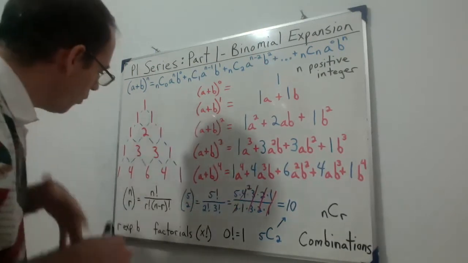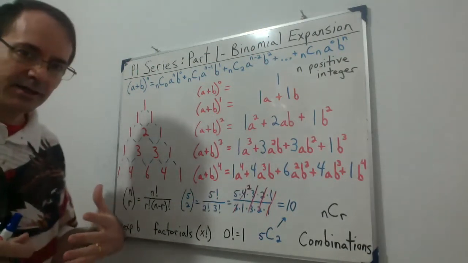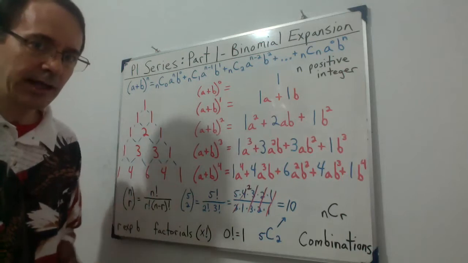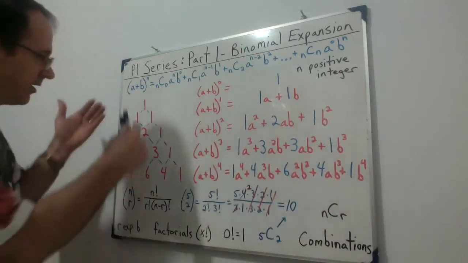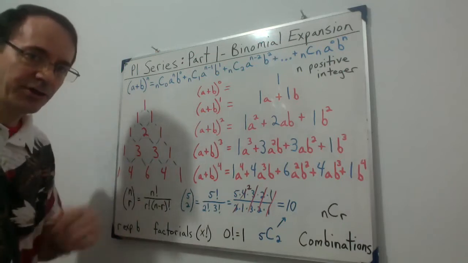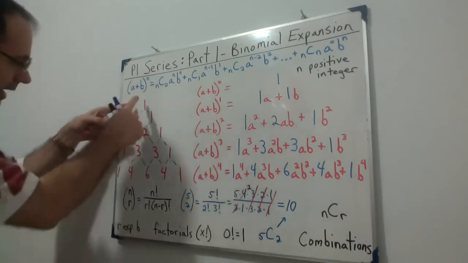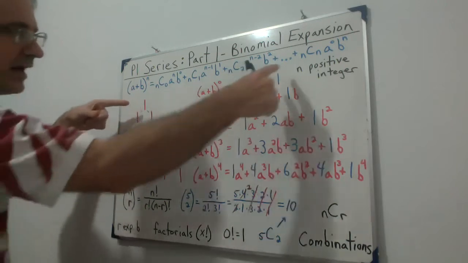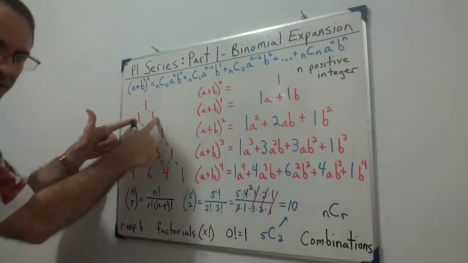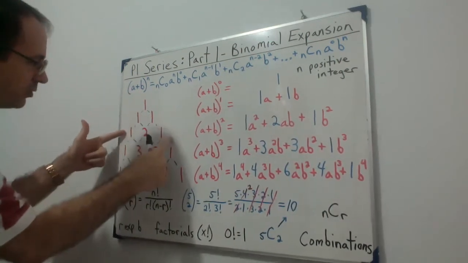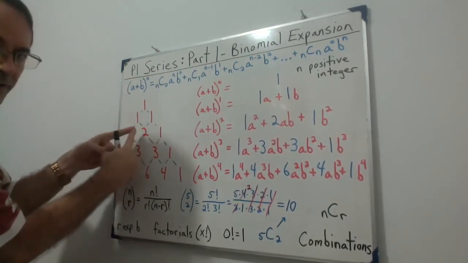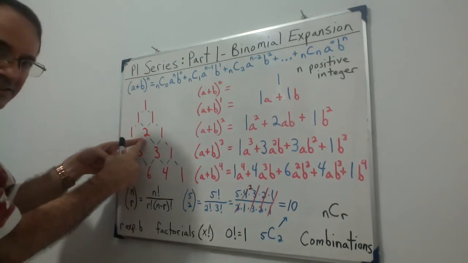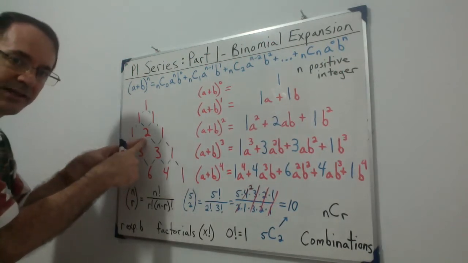So what Yang Hui and Pascal realized is that when you expanded binomials, there is a pattern to the coefficients. And if you make this triangle, you see we've got 3 1s here at the top. And as you move down, if you add the 2 numbers above it together, you get the next coefficient on the next level.